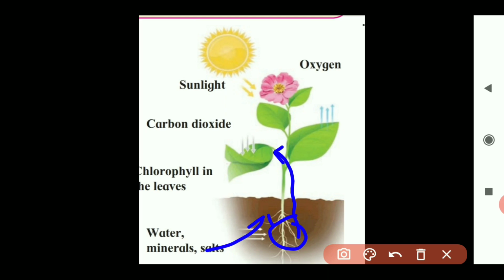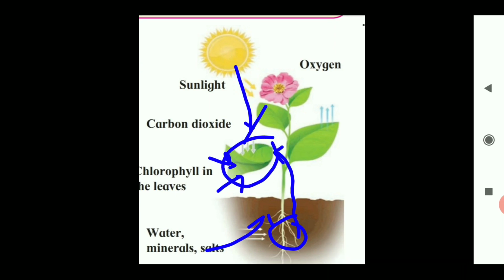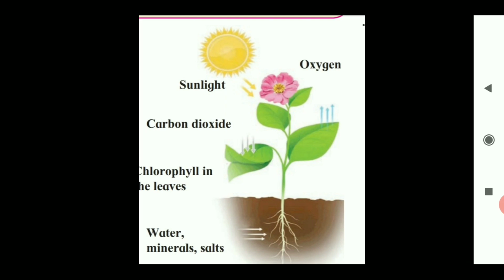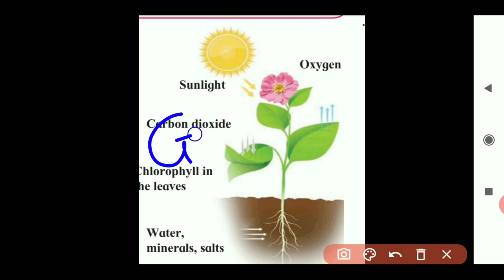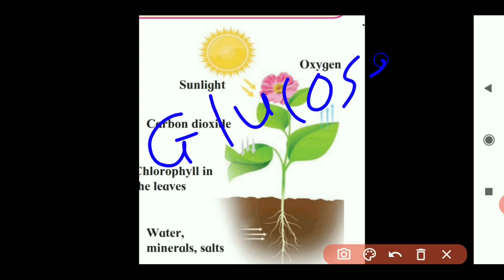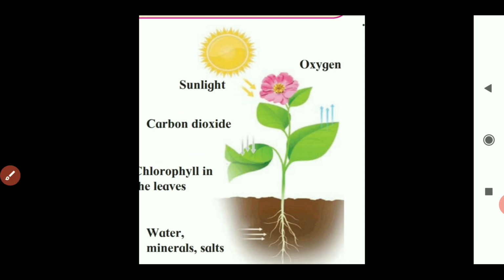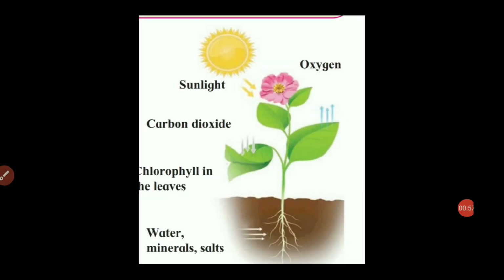The main function of the leaves is to make food with the help of water, minerals and salts, and when sunlight falls on the leaves, carbon dioxide is absorbed through the openings in the leaves, and all these factors together form the food of the plant. This food is called glucose.